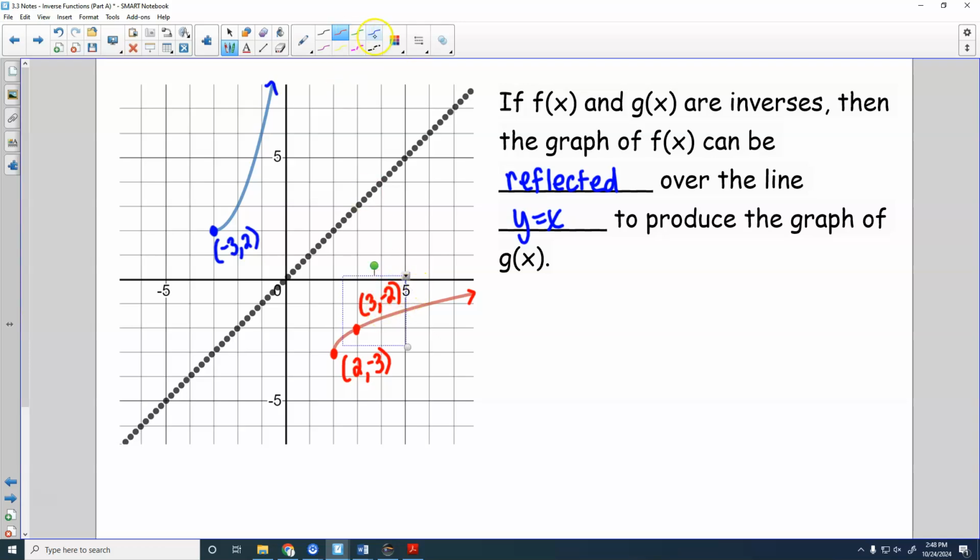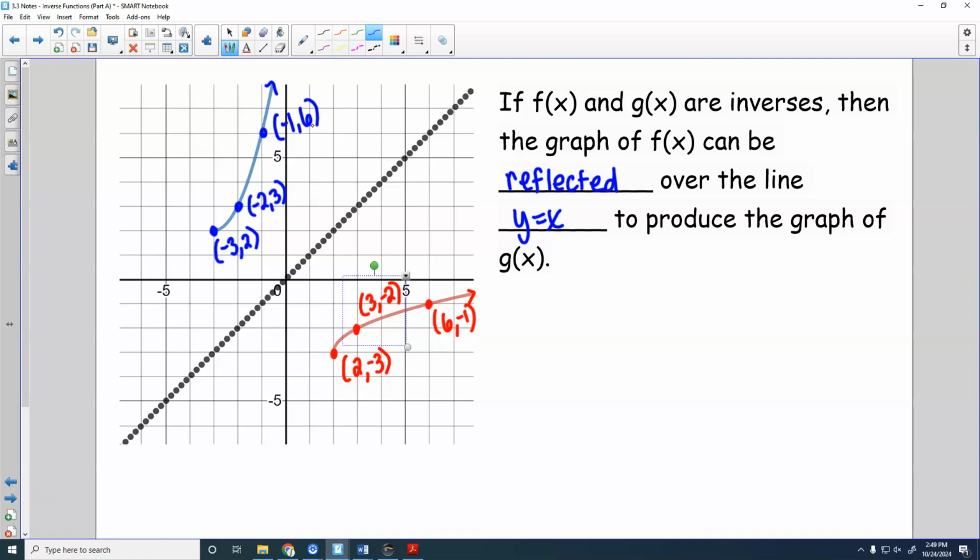That means on the inverse graph, I should have (-2, 3), and (-2, 3) is right there. Here's another point at (6, -1), and over here I've got (-1, 6). So those x and y coordinates are just switched there.